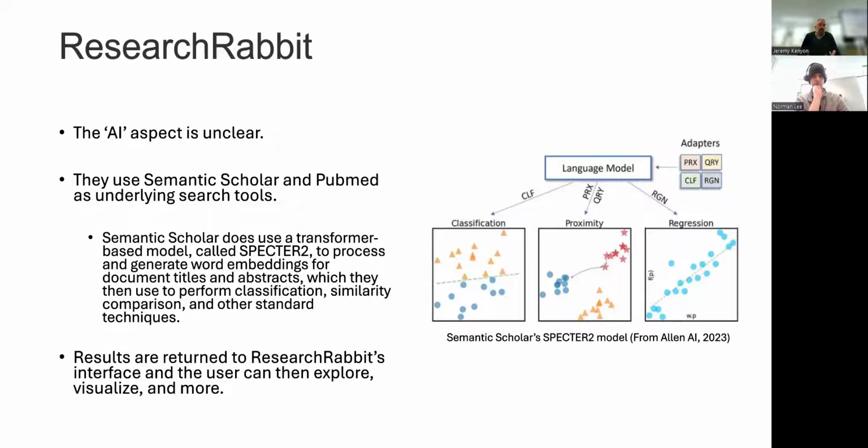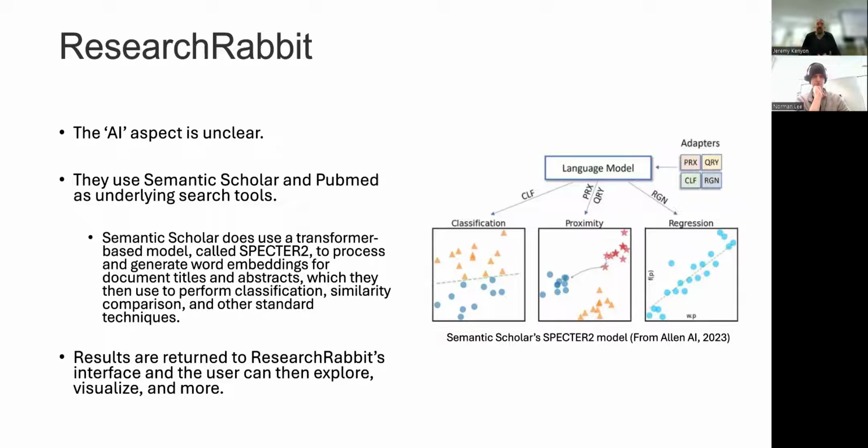They do use Semantic Scholar, which is a website out of the Allen Institute for AI up at the University of Washington, and PubMed as their underlying search tools. And Semantic Scholar does have its own transformer-based model called Spectre 2, which I have a little bit of a graphic there detailing how it works.